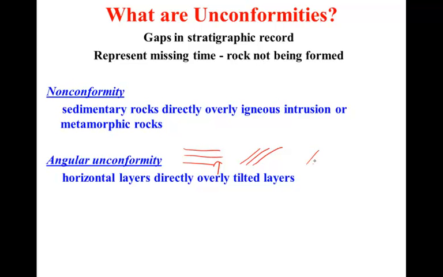Then new layers that still remain in horizontal position are deposited on top of them. That contact between older layers, no longer horizontal, and younger layers, still horizontal, is the angular unconformity.